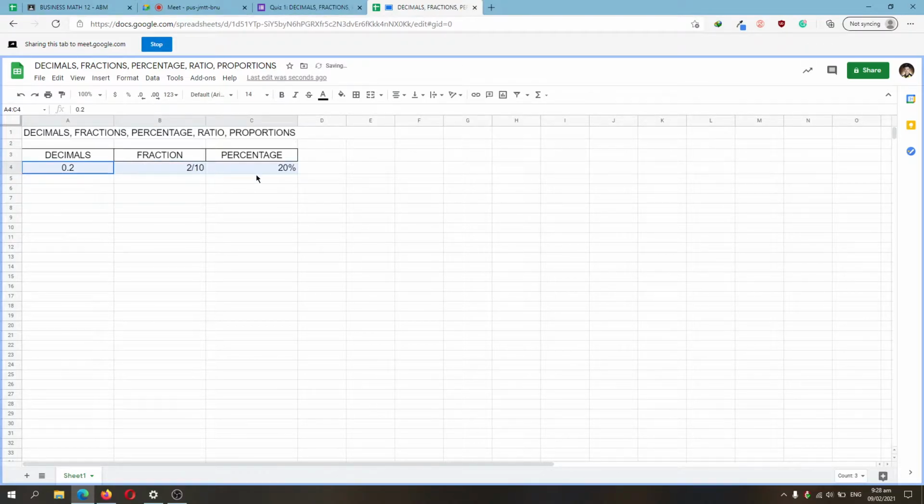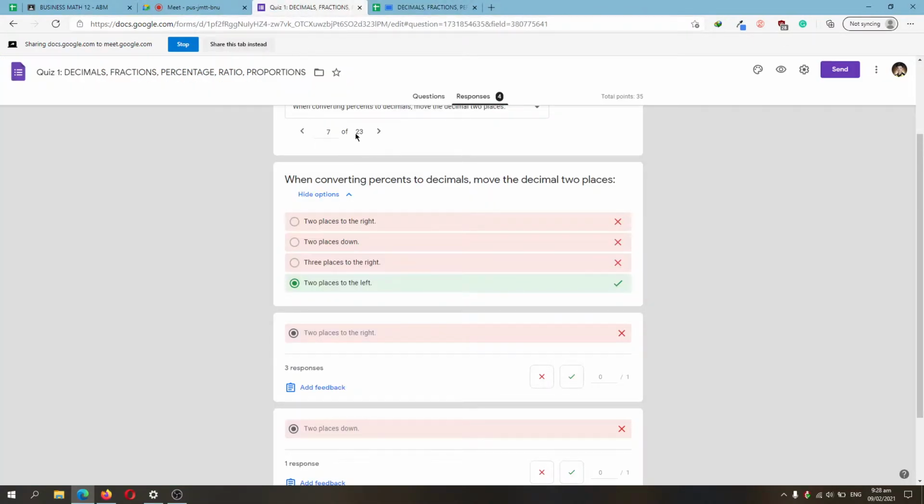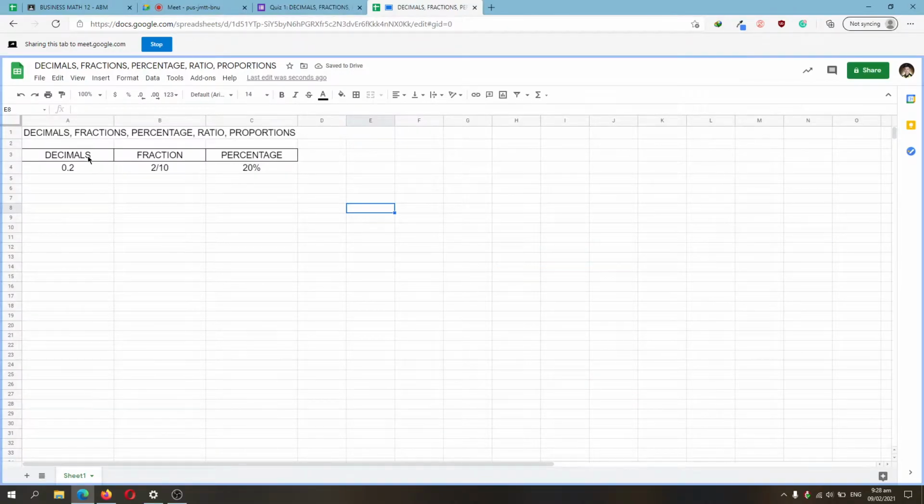So, ganyan yung magiging sagot natin. So, for instance, ang tinatanong, decimal to percentage, going right. Kapag percentage to decimal naman, ibig sabihin going left. So, pupunta siya ng left, 1, 2, 0.2.